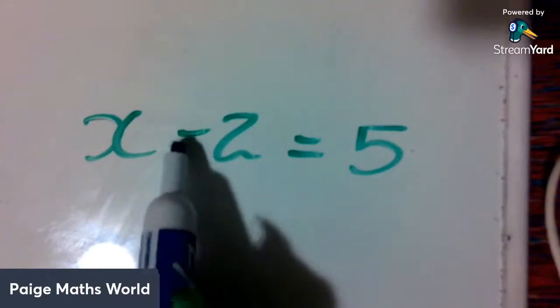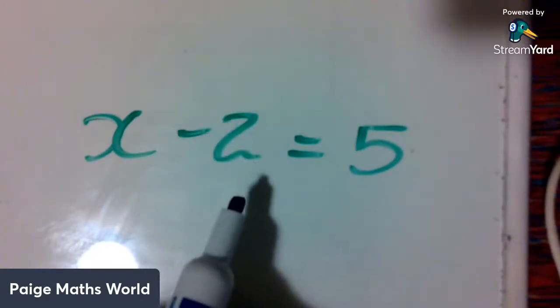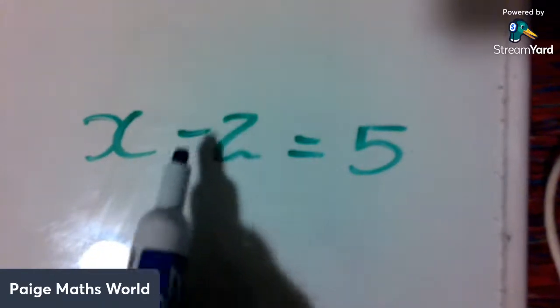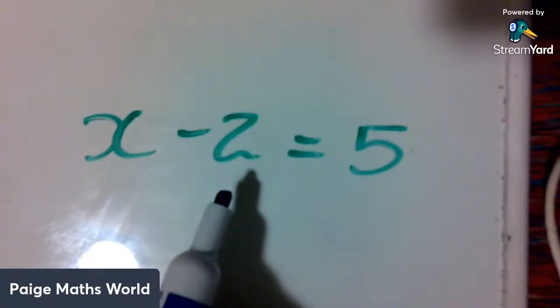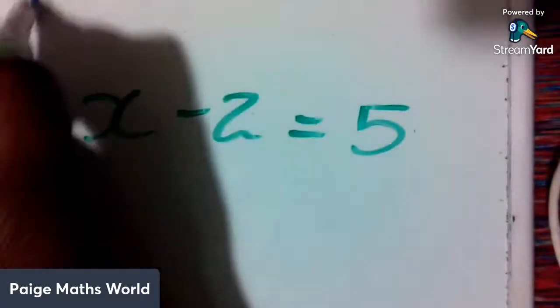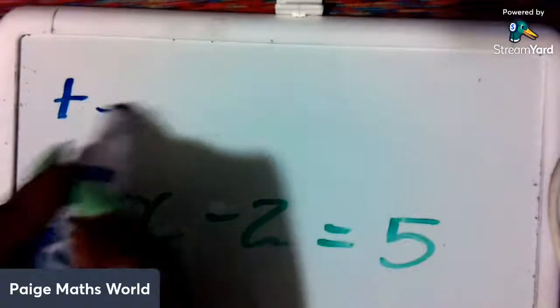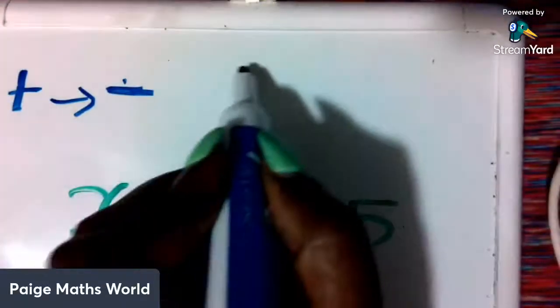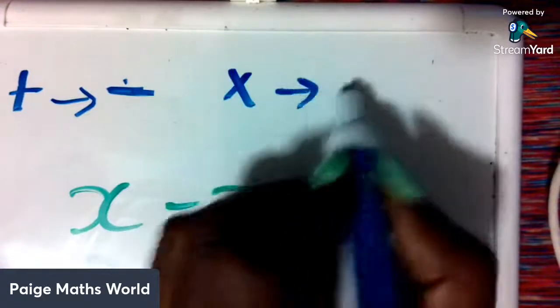The step is that if you have a subtraction of 2 and we need the variable by itself, what's the opposite of subtracting? Remember, the opposite of addition is subtraction, and the opposite of multiplying is dividing.